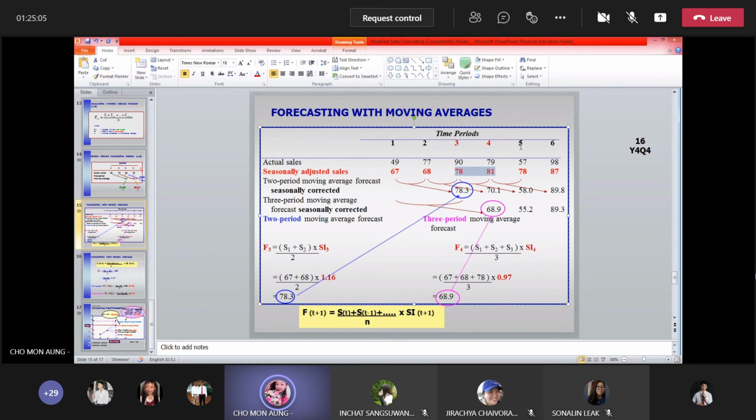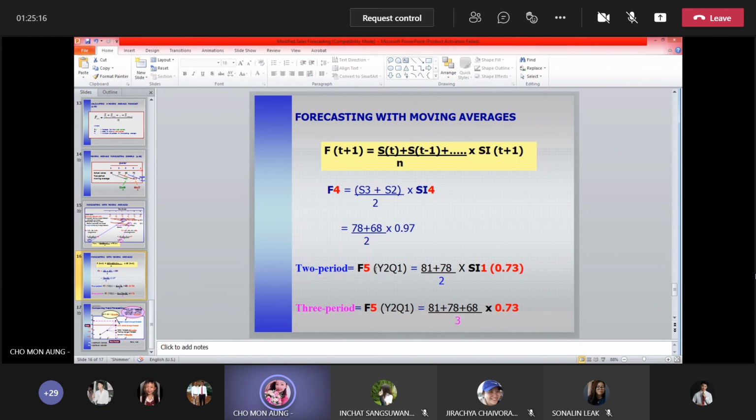Period number 5 is equivalent to year 2, quarter 1. We do not have quarter 5. Don't say quarter 5. You get 0 for that if you say quarter 5, okay? Period number 5 is equivalent to year 2, quarter 1. Therefore, if you forecast for period number 5, then you use the deseasonalized sales of period 3 and 4 of year 1, but you multiply by seasonal index of quarter 1.